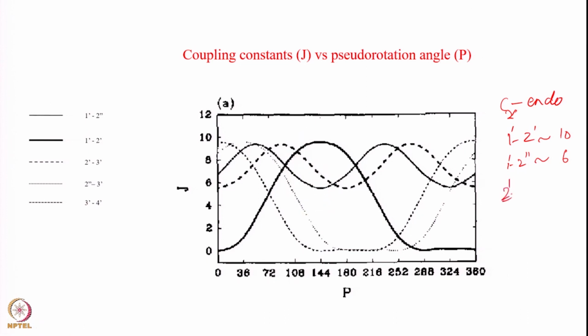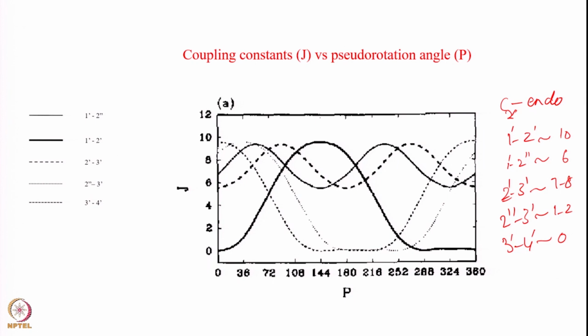What is 2 prime 3 prime? This is the third one, and that is approximately 7 to 8 Hertz. And what about 2 double prime 3 prime? It is this one. This is about 1 to 2 Hertz, or less than 2 Hertz, and 3 prime 4 prime is 0. Okay. And these are very characteristic coupling constants, and they will show up in the cross peak fine structures.